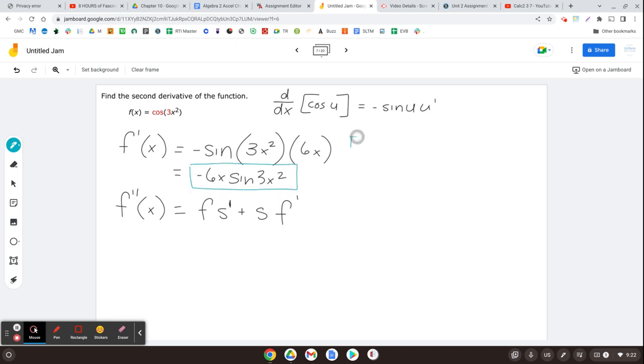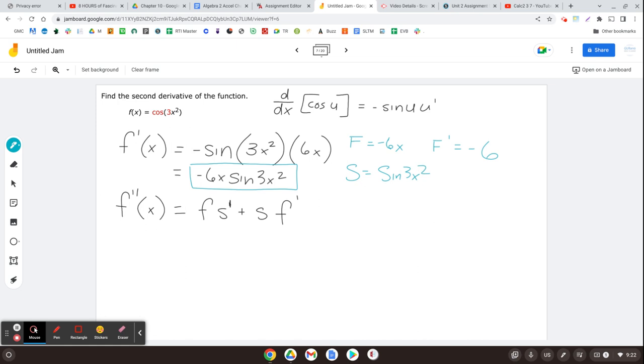The first is negative 6x, and then the derivative of the first is negative 6. The second is sine of 3x squared, okay?